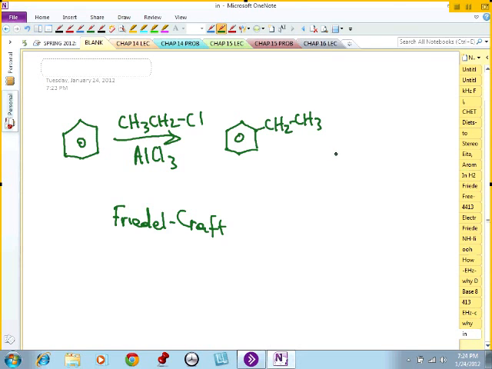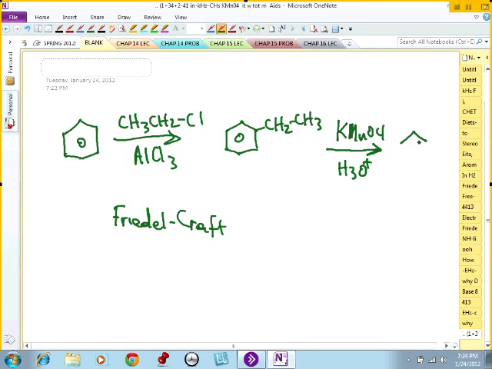Now the beauty of this reaction is we could take this alkyl benzene and react it with potassium permanganate in acidic medium. We get benzoic acid.